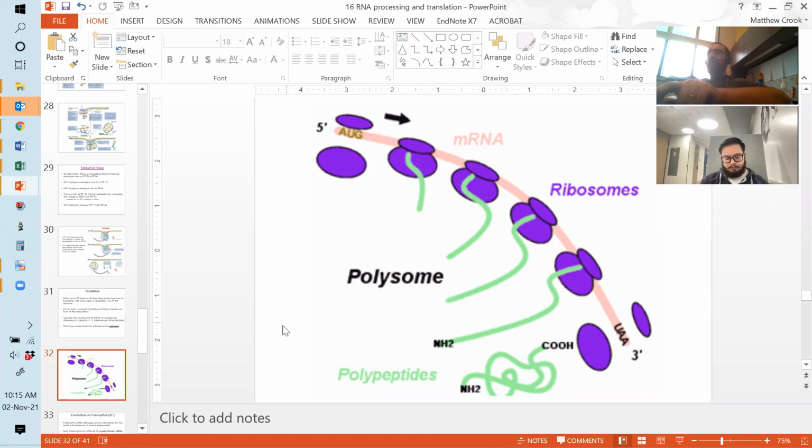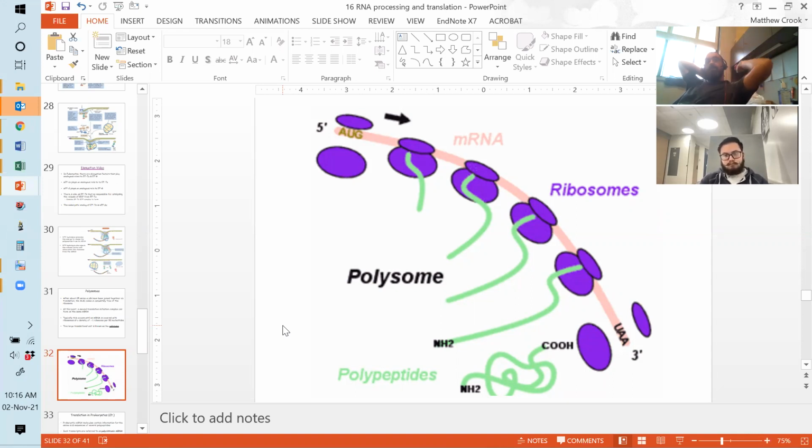This is called a polysome. And if you think about it, it's a pretty efficient way of making lots of protein, because you have to make X amount of mRNA, but for every mRNA you make by transcription, you can generate tens or hundreds of proteins.